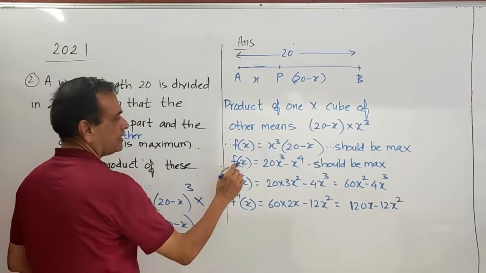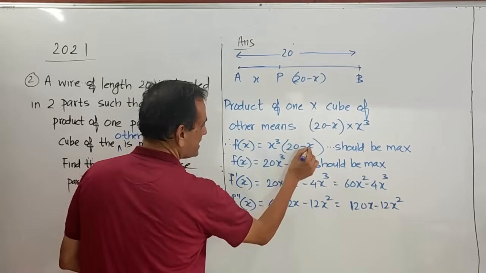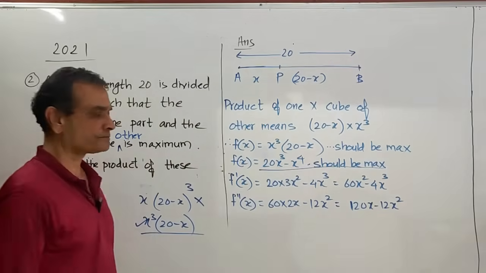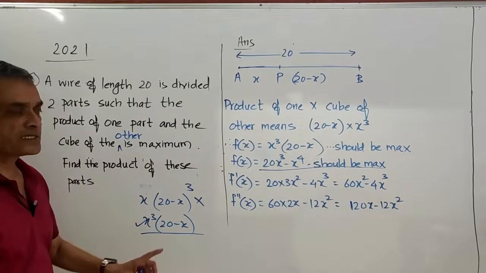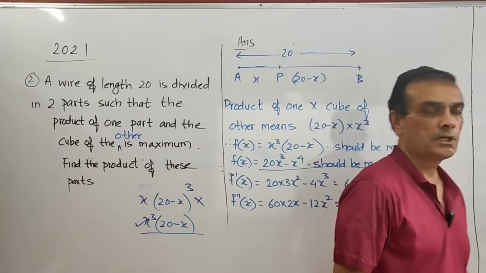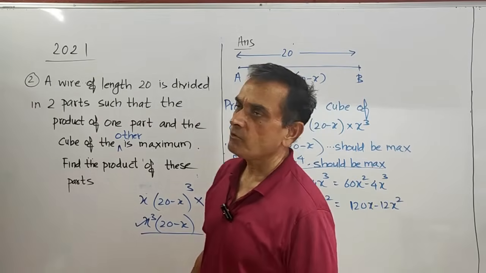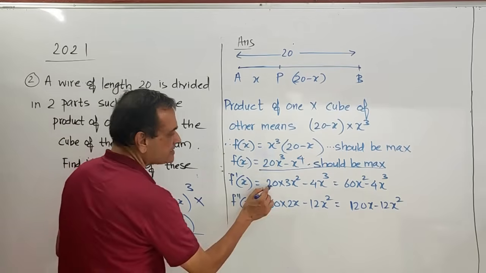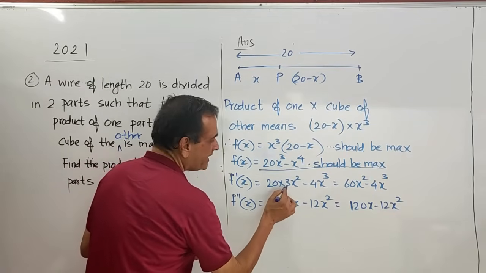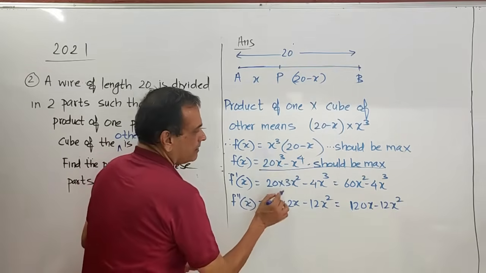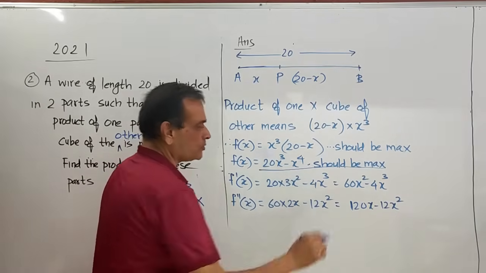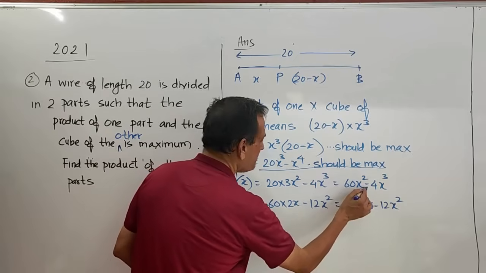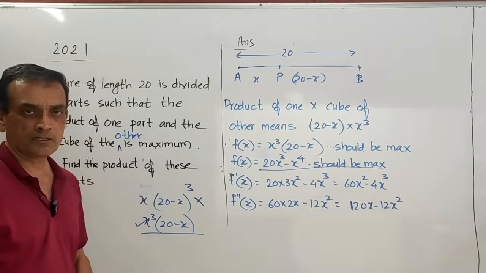Open up the brackets. 20x cube minus x raised to 4 should be maximum. मैक्सिमा मिनिमा के लिए क्या करते हैं हम लोग? टेक द डेरिवेटिव, यानी f dash x. 20 इज ए कांस्टेंट, उसको बाहर रखना. x क्यूब का डेरिवेटिव 3x स्क्वायर्ड. x रेज टू 4 का डेरिवेटिव 4x क्यूब. 20 into 3 is 60 x squared minus 4x cube, that is f dash x.